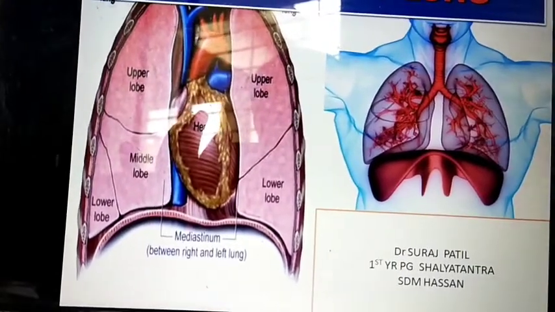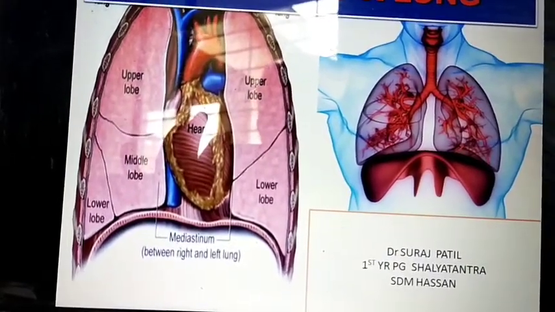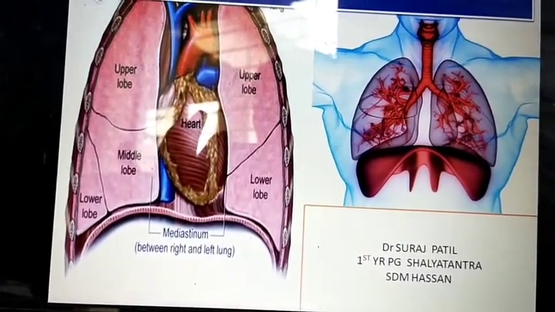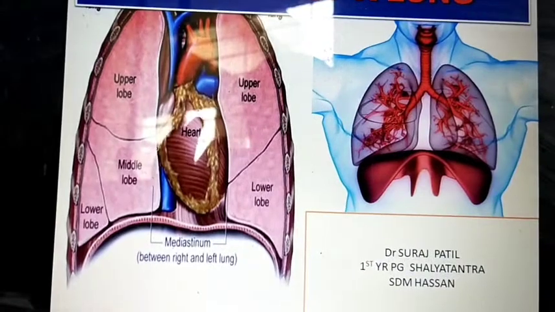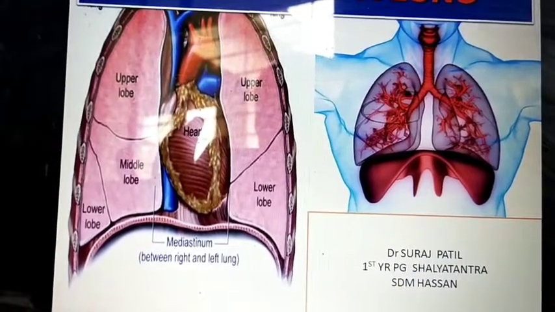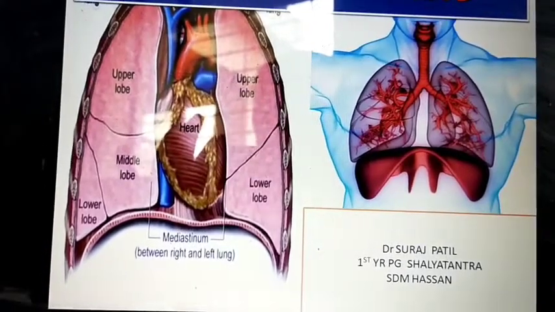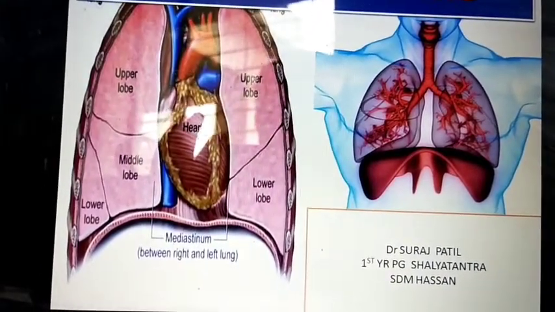The diaphragm has a major role in helping respiration. Another major role is that it divides the abdomen and thorax.